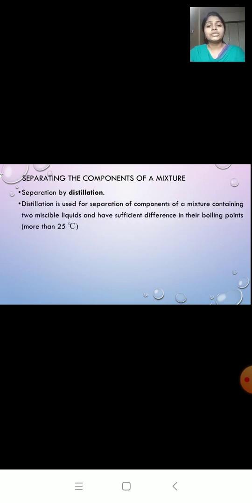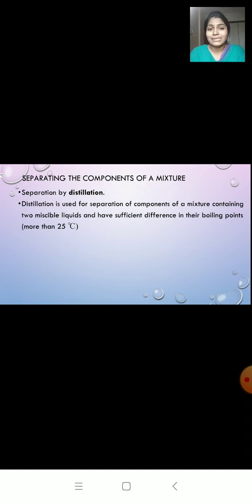Now distillation is used for separation of components of a mixture containing two miscible liquids. Okay, so distillation is used for separating two miscible liquids.